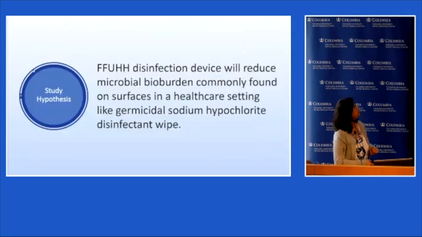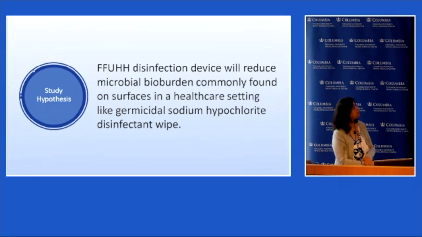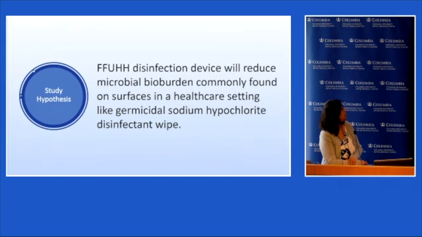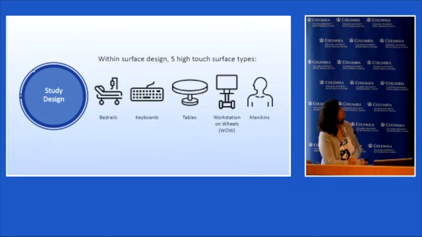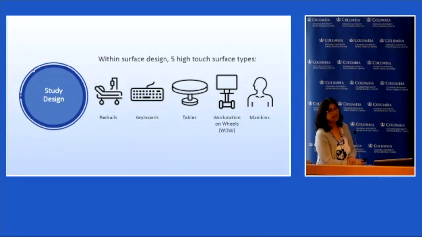So now we wanted to ask, is this device good enough, and will it be able to reduce microbial bioburden in a healthcare setting, just like the germicidal sodium hypochlorite disinfectant wipe? We did a within-subject surface design, and I'll come to this design in the next slide.